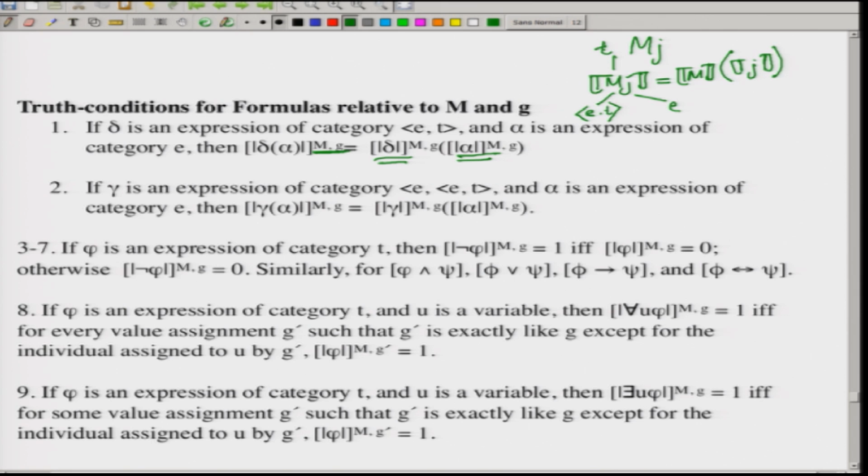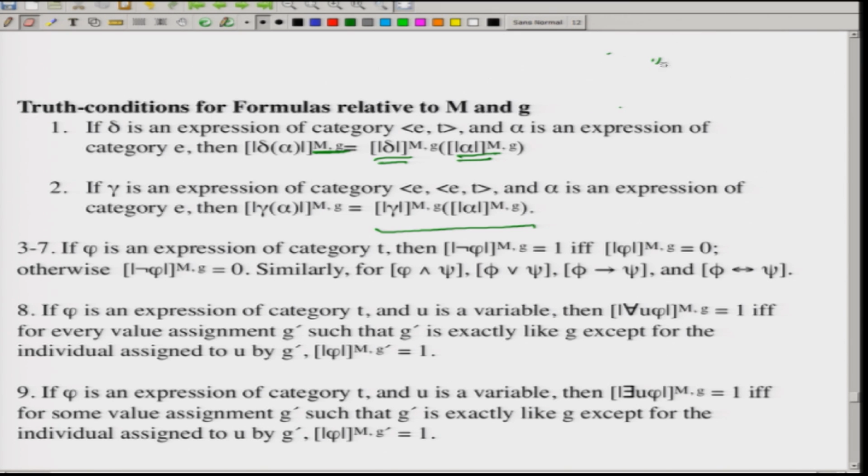If gamma is an expression of category e to (e to t), that is a two place predicate, and alpha is an expression of category e, then gamma alpha is this construction, which means that if we consider a structure like this, just erasing takes some time, but we cannot go to the next page. So yeah, fine.